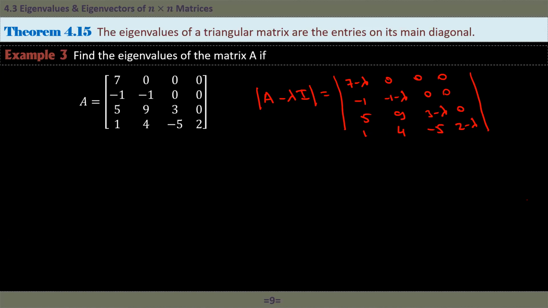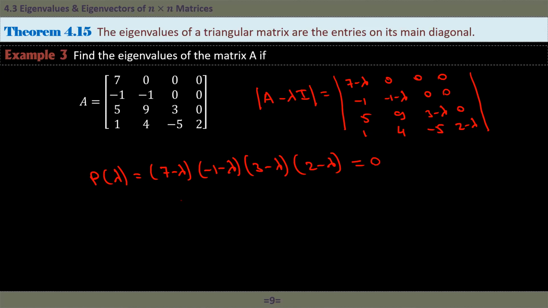Actually, we know how to calculate this determinant. So this p of lambda will be 7 minus lambda times minus 1 minus lambda times 3 minus lambda times 2 minus lambda. It's already factorized, right?